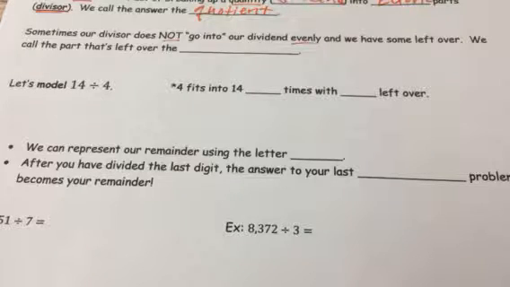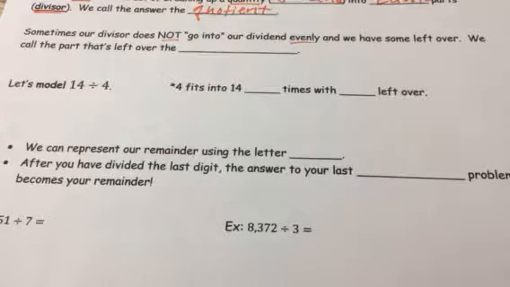Sometimes our divisor does not go into our dividend evenly. Now, just because it doesn't go in evenly doesn't mean that it can't be done. No, not at all. We can still divide things even if it doesn't go in perfectly. And we'll look at a bunch of examples. But off the top of my head, for instance, if I have $75 and I want to divide that amongst two people, 75 is not divisible by 2, which means that 2 doesn't go into it evenly.